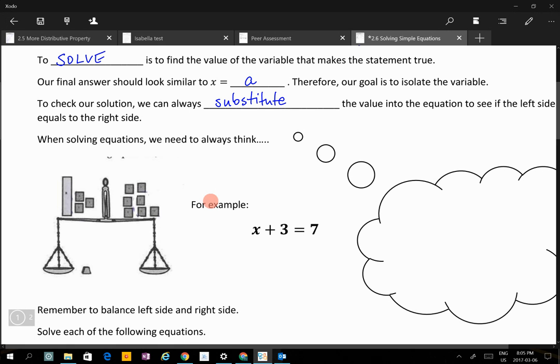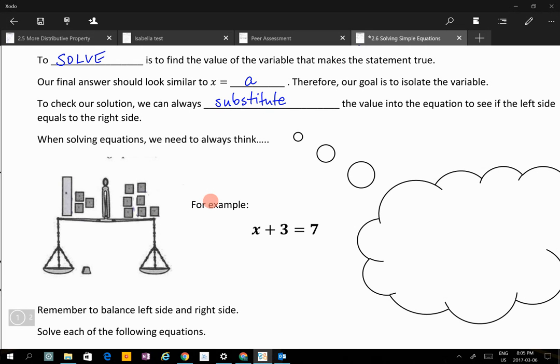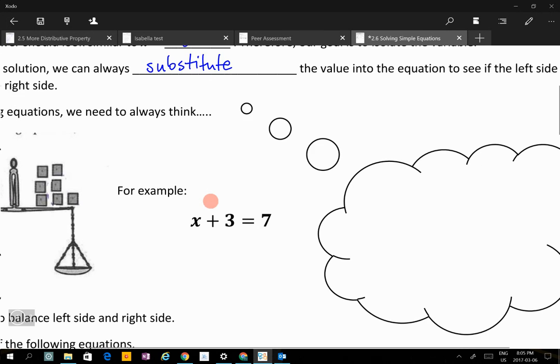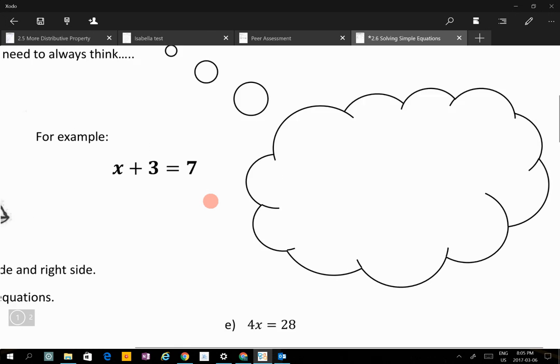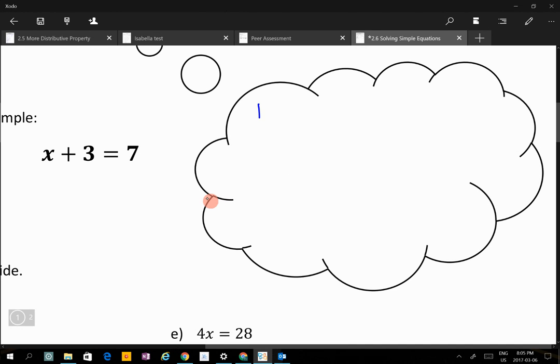Okay. So when solving equations, we always need to think what? Well, the way we solve equations is by using reverse operations. So think BEDMAS, but going in reverse.